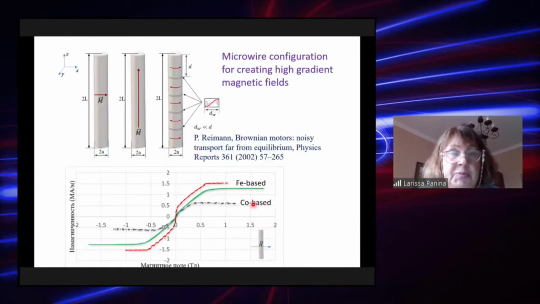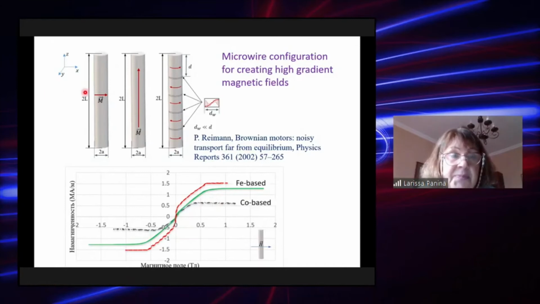It is possible to use also microwires magnetized along diameter, or magnetized along the axis, and it is actually quite interesting to realize so-called Brownian motors in wires with this circular magnetization, because we can move the circular domains with very low current, and we will have this periodically traveling magnetic potential. And that allows controlling the velocity of paramagnetic particles.